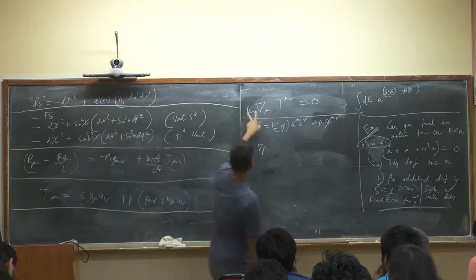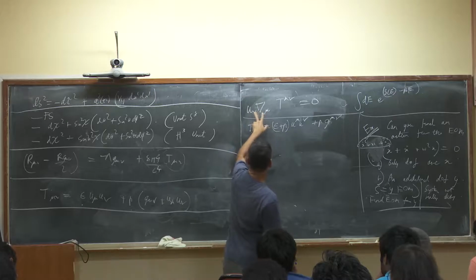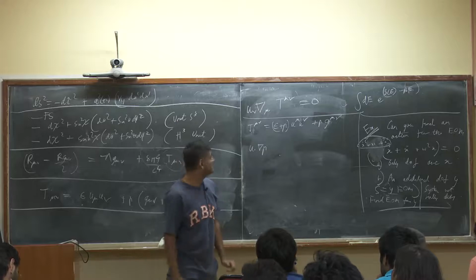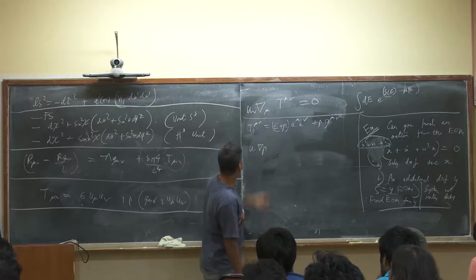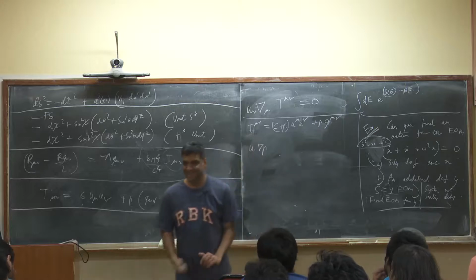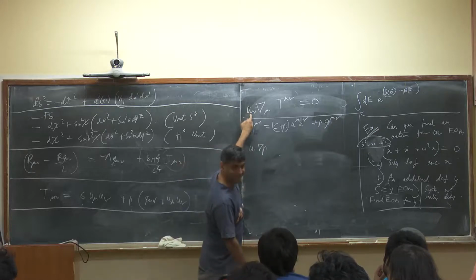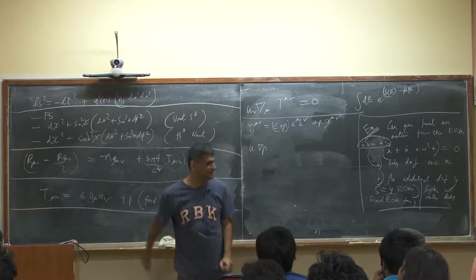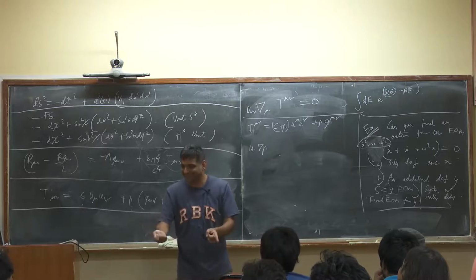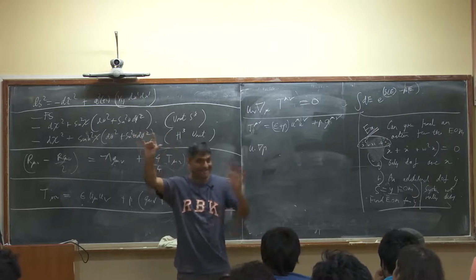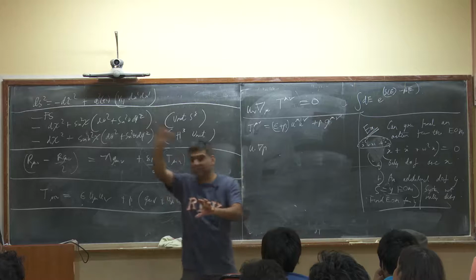Now, when I take the derivative here, there are three places where it could act. First thing to notice is if it acts on u nu, then we get 0. Because we will have u nu dotted with the derivative of u nu. A derivative is a small change. And because u squared is equal to minus 1, that is 0. Because u nu dotted with the derivative of u nu is half of the derivative of u nu squared.